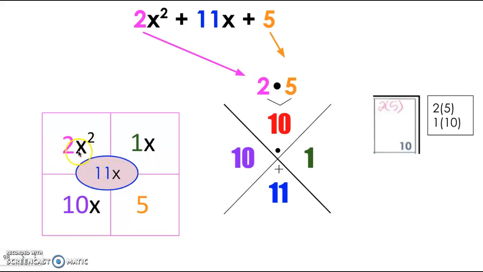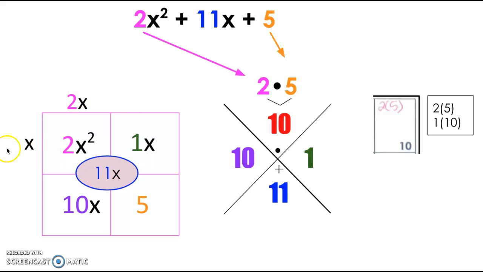So since this is 2x squared, either one of these has to be 2x and the other one has to be x. So we have to think about which one makes more sense. I'm going to put the 2x up here, because when I multiply this out, that's going to give me 10x, and that's a little bit easier than putting the 2x here and getting an answer of 1x.